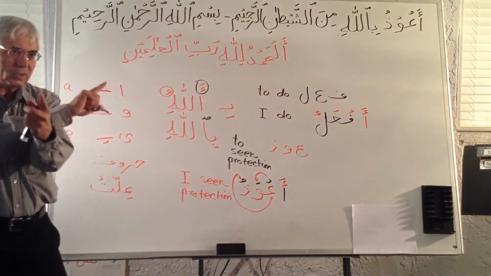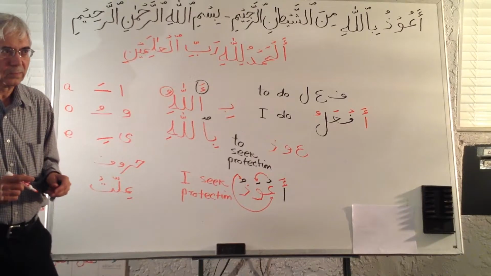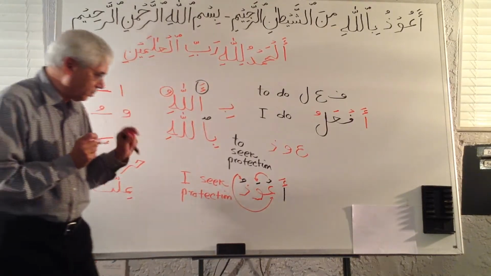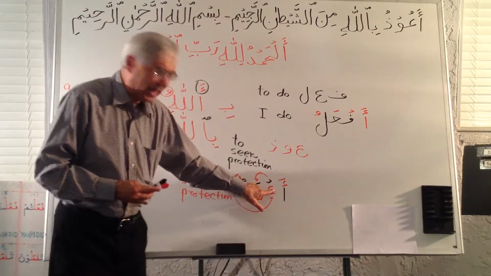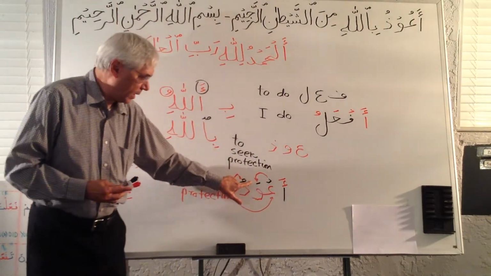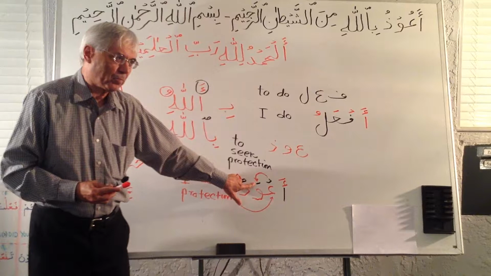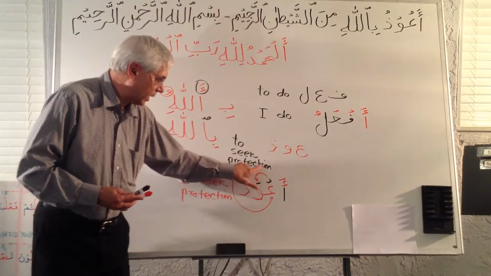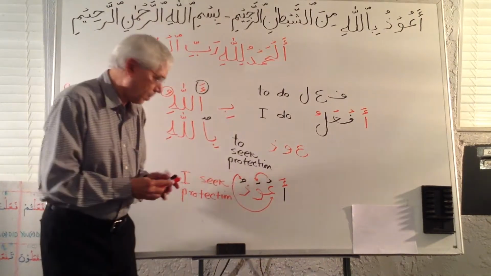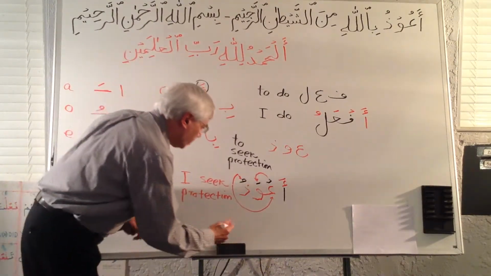Just replace these two. One more time, this is important. This ayn has a sukoon and waw has a fatha. So we take this sukoon and move it on waw.